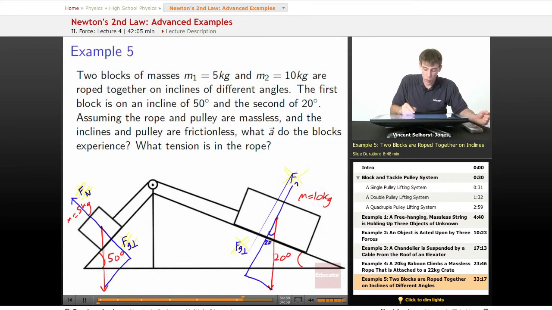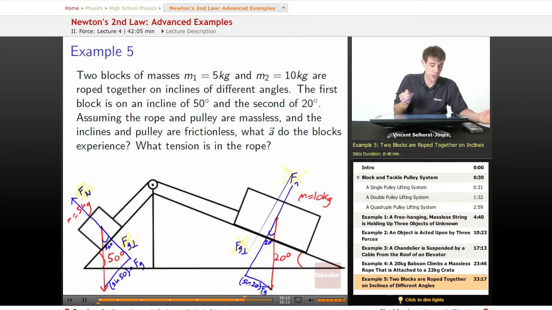Up here, we've got a 20-degree angle. Over here, we've got a 50-degree angle, as we've reasoned before in previous lessons. So sine 50 times whatever the weight experienced here is, Fg, and over here, it's going to be sine 20 times Fg.